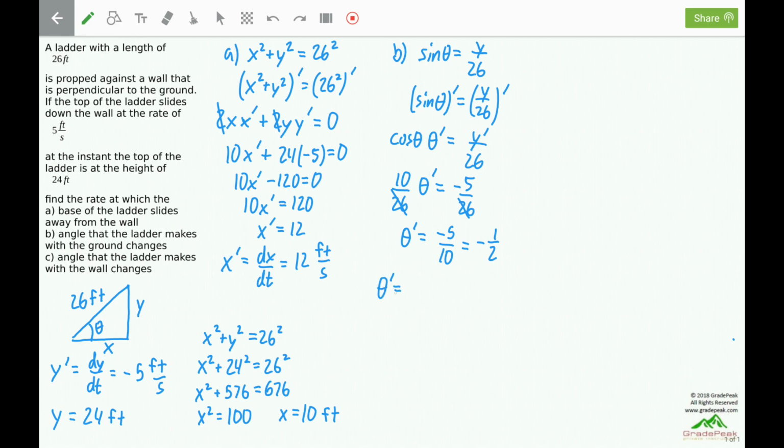So theta prime, or d theta dt, will equal a negative 1/2 units of angle, radians over time. In this problem, time is in seconds, radians per second.